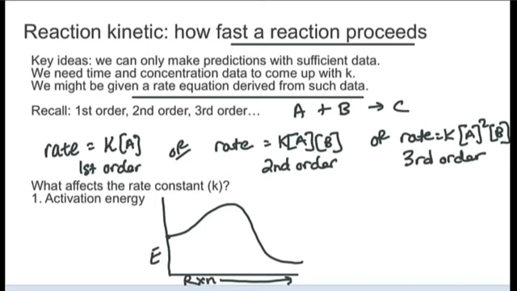So we understand we're starting with the reactants and we're ending with the products, but it's this change in energy right here that we want to focus on. And so that change in energy is the E sub A, or activation energy of a reaction. It's describing how much energy we need to put into the reaction to get it going.